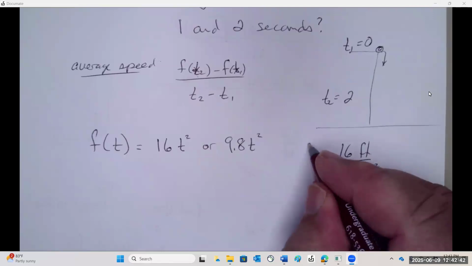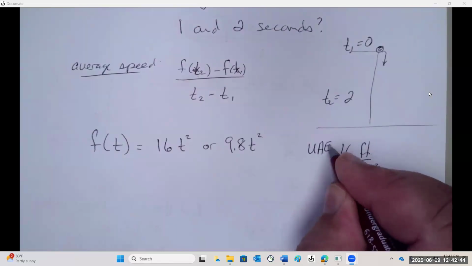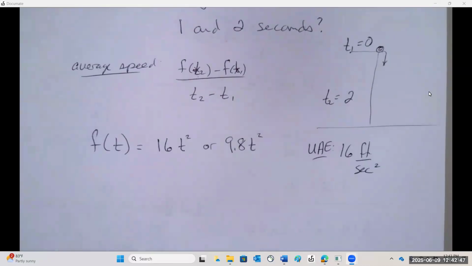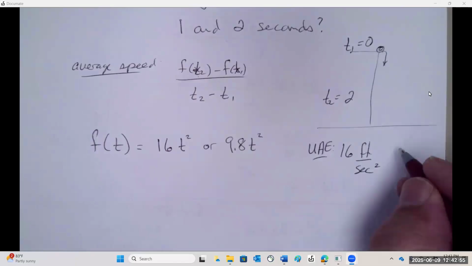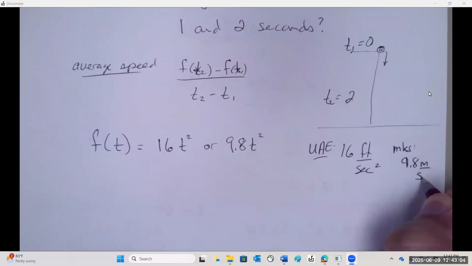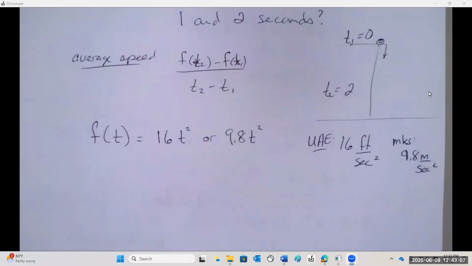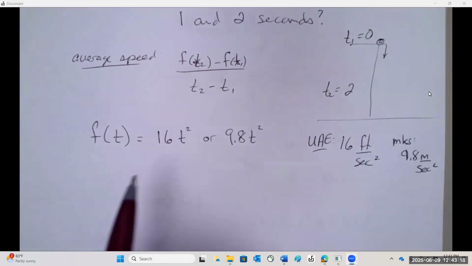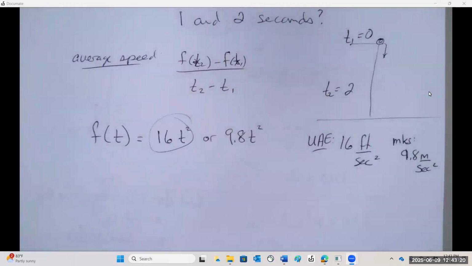In the US, we use 16 feet per second squared as the speed of gravity. And in Europe and the rest of the world, we use MKS, which is 9.8 meters per second squared. So since we're in America, we use 16 feet times t squared.